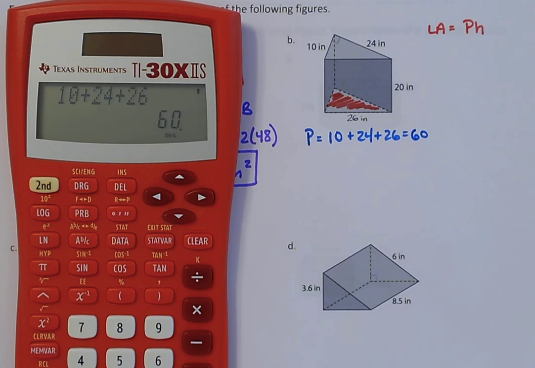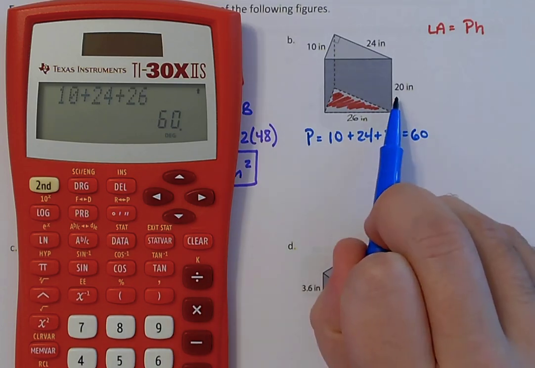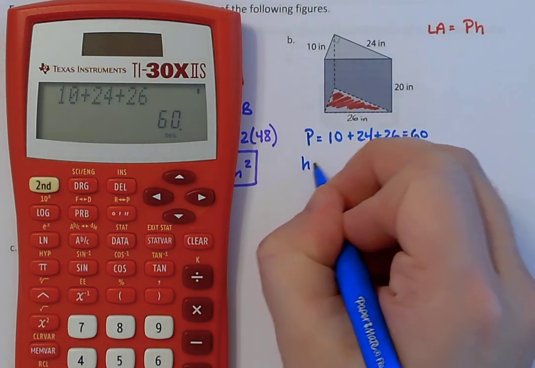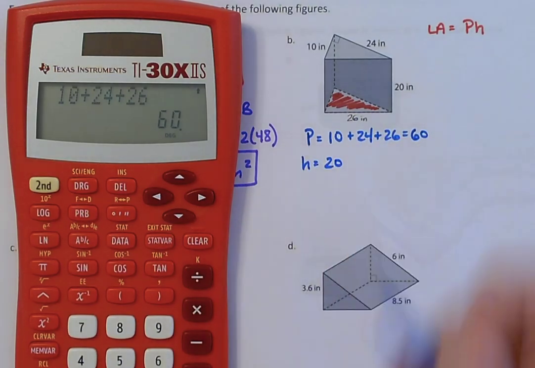The next thing we need to know is the height of our prism. And the height of our prism in this case is 20. So that means our value for h is 20. So I now have my value for p, the perimeter of the base, and my value for h, which is the height of the prism.